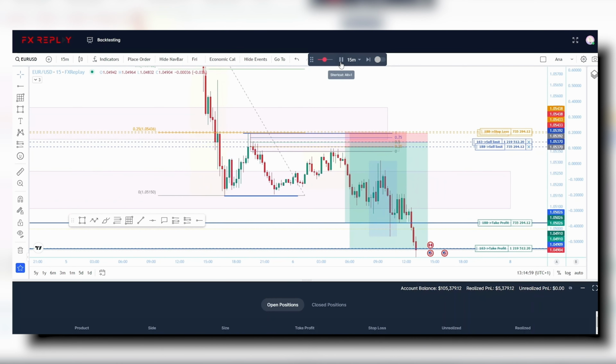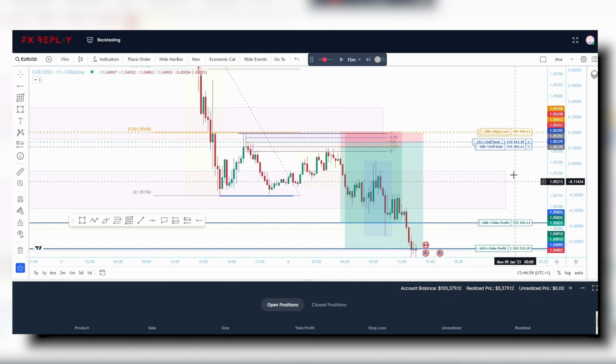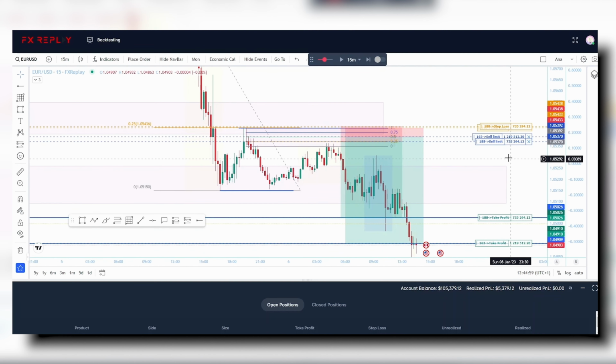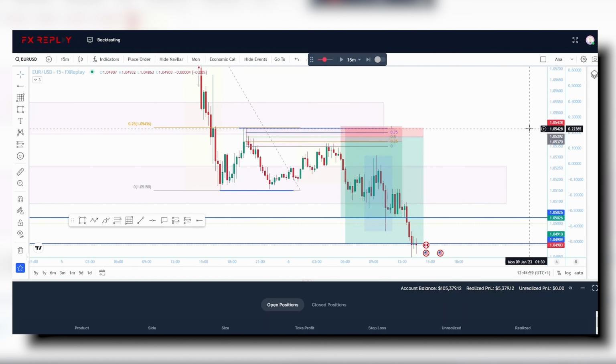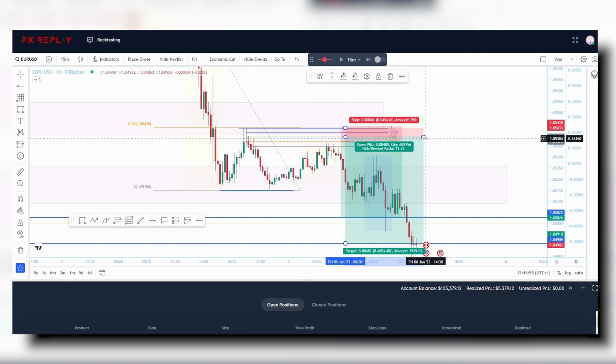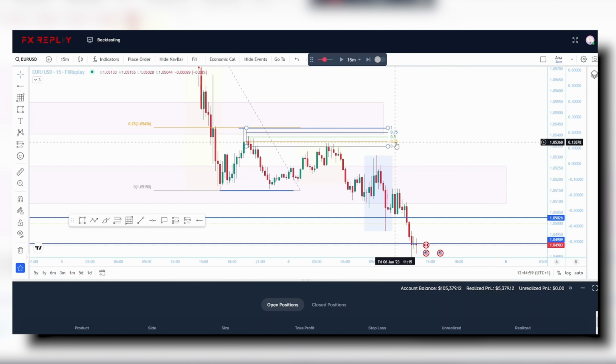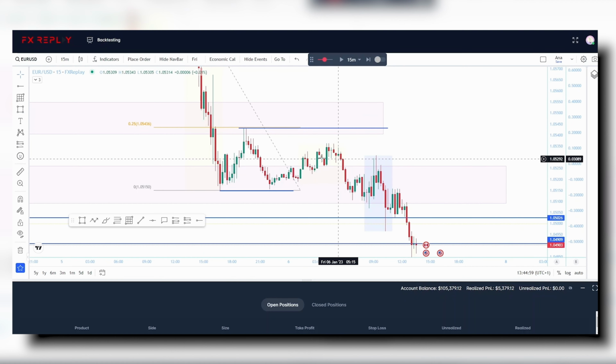Okay, price reached the targets without us. It just stopped at this order block, which actually, if I didn't play price so fast, we can see that this is the disadvantage of backtesting. When we're in a live market, we have enough time to think and analyze.